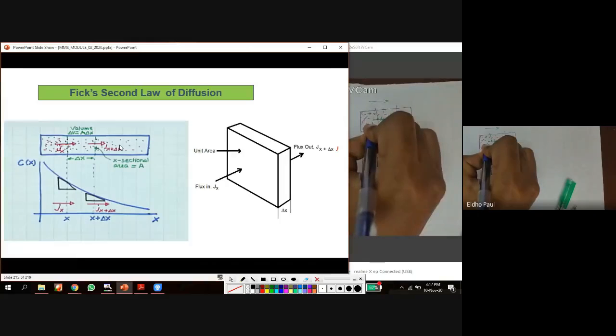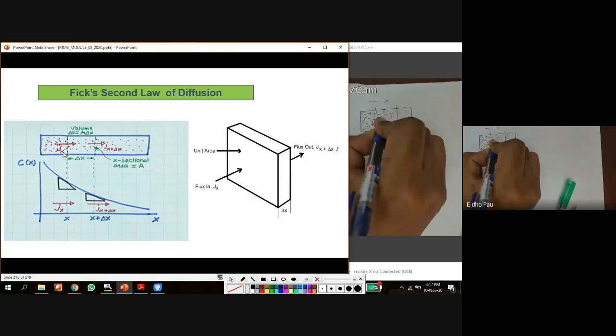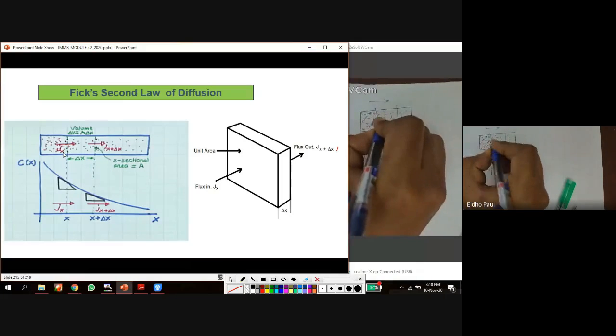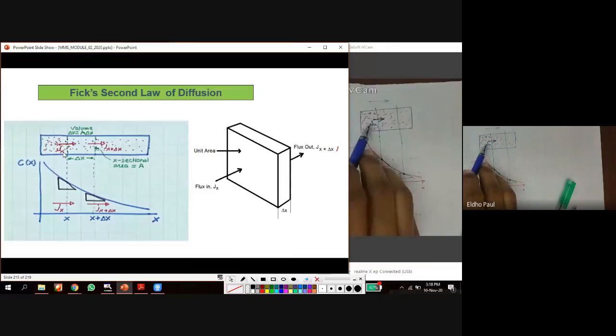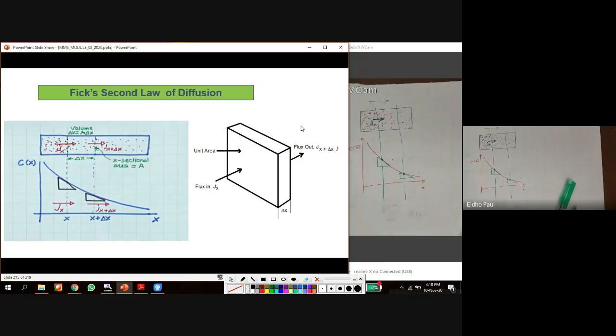Jx is the mass flux here. This is the amount of atoms or particles crossing this section per unit area per second.